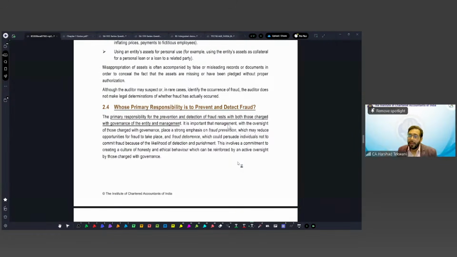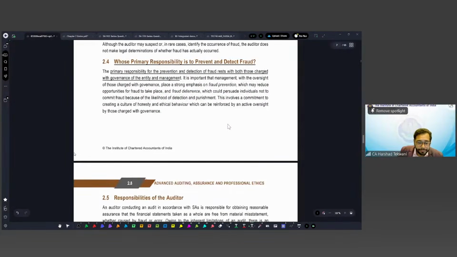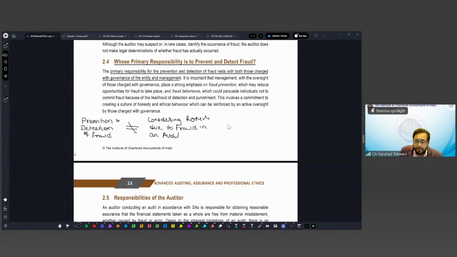There's a difference between prevention and detection of fraud and considering the risk of fraud in an audit of a financial statement. So you can write over here that prevention and detection of fraud is not equal to considering risk of material misstatement due to fraud in an audit of FS.